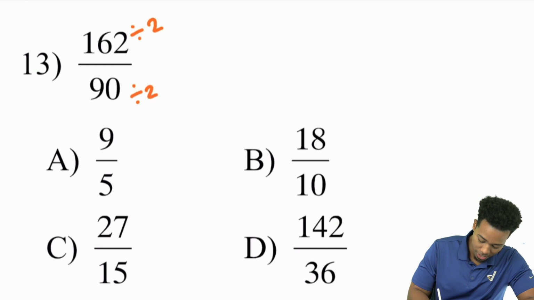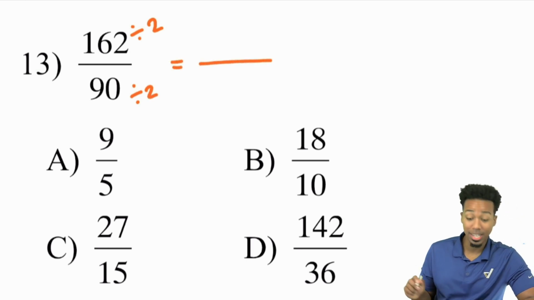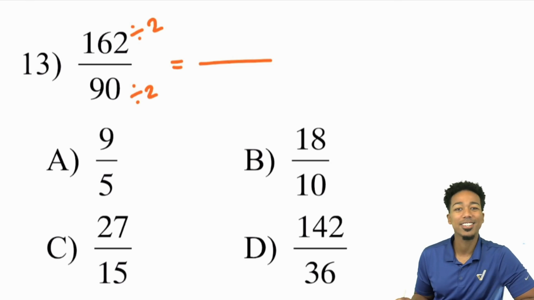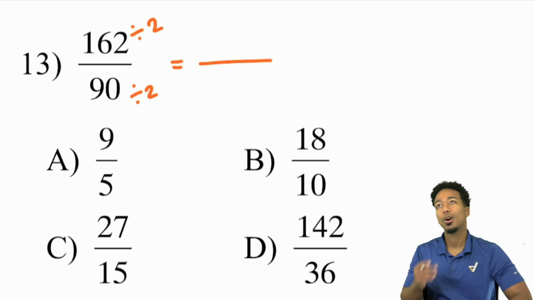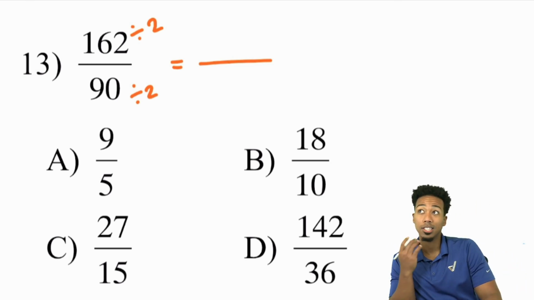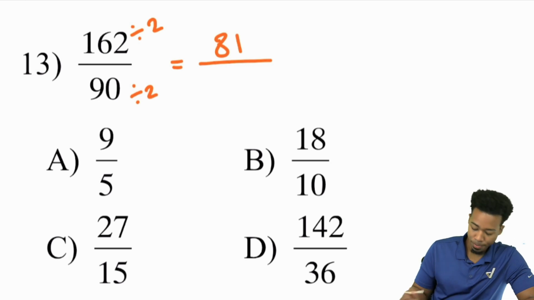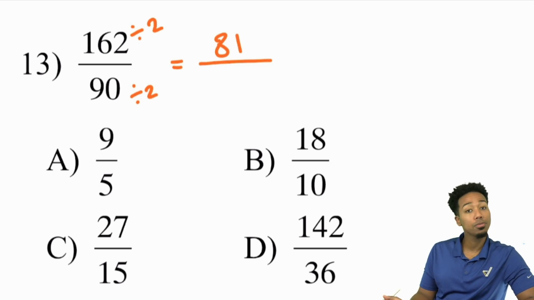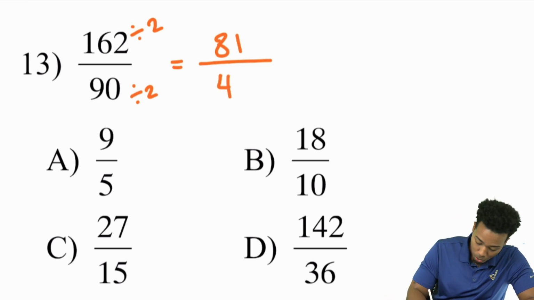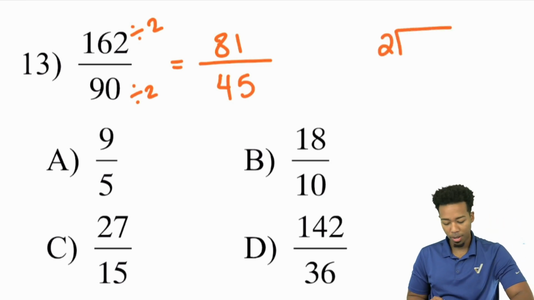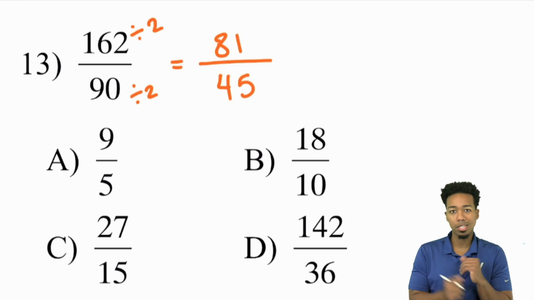And remember to do the same to the top and the bottom. Got to make sure you do that. So here, 160 divided by 2 is 80. So 162 divided by 2 is 81. Boom. And then 90 divided by 2 is 45. And if you didn't know that, that's where you use your long division. But nothing beats mental math.